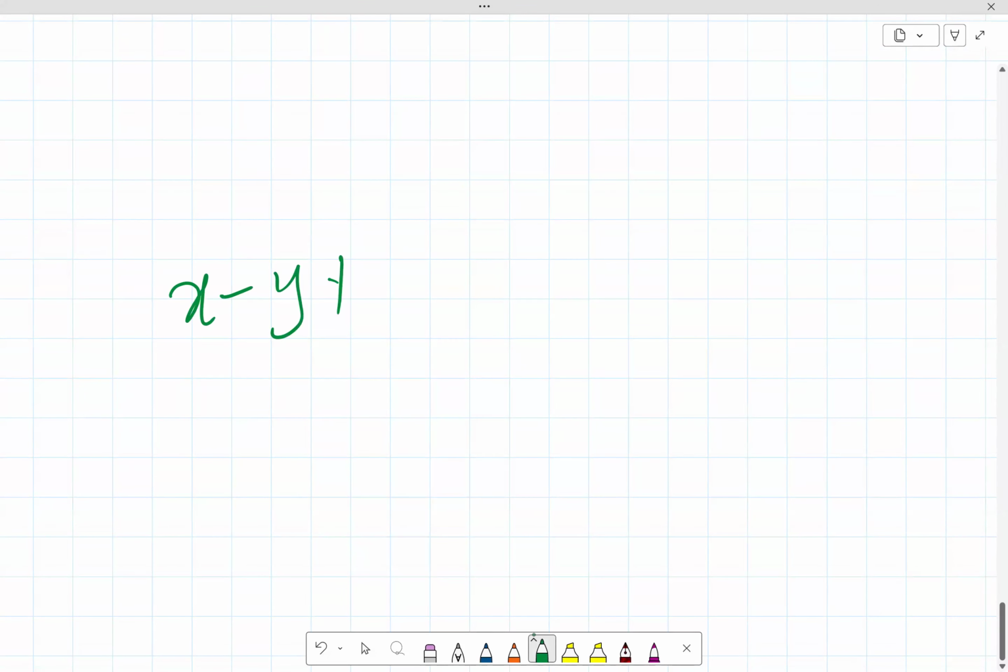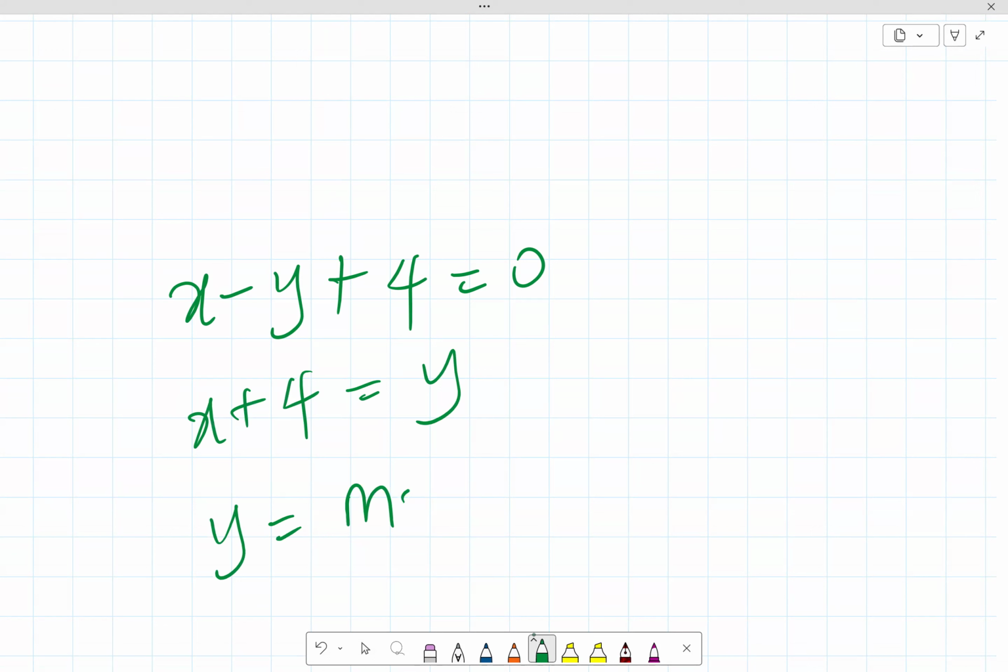So here we have a path represented by x minus y plus 4 equals 0. To know the slope, the first thing I want to do is say x plus 4 equals y. That means y is equal to x plus 4.